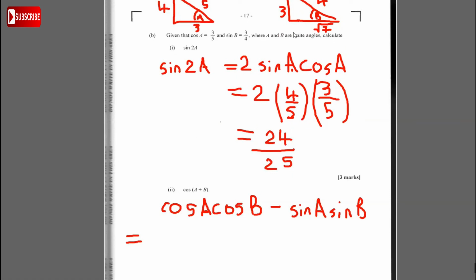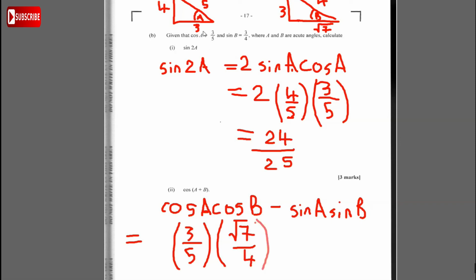From this triangle, cos B will be adjacent over hypotenuse, which is root 7 over 4. So cos A, 3 over 5, cos B, root 7 over 4, minus sine A sine B.